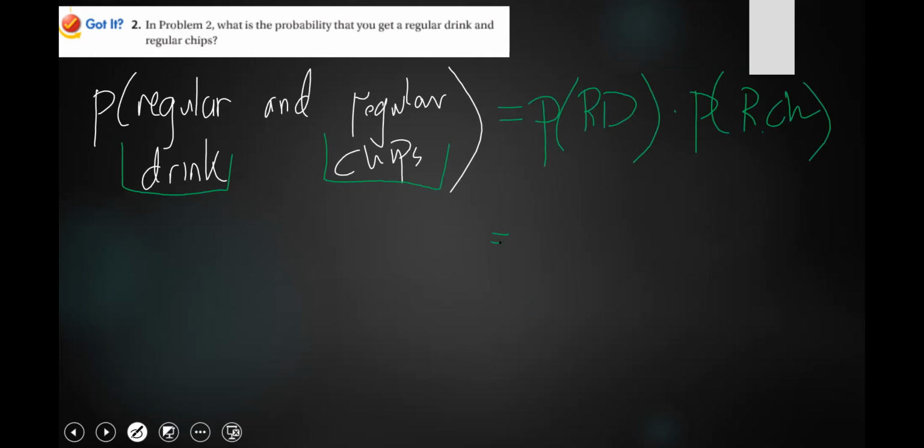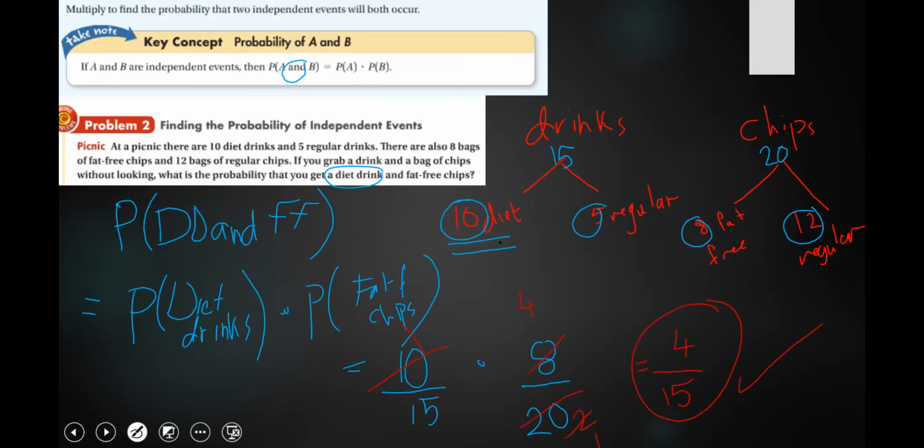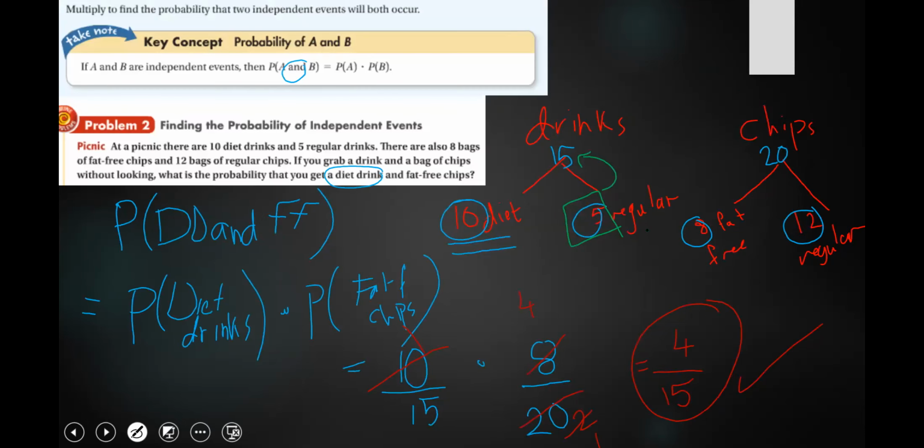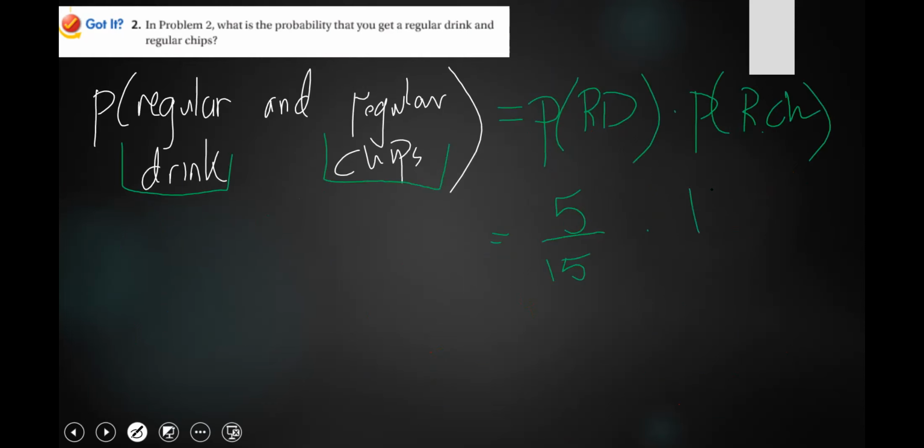Now let's come back here. What is the probability of getting one regular drink? 5 from 15, 5/15, times regular chips, 12/20.